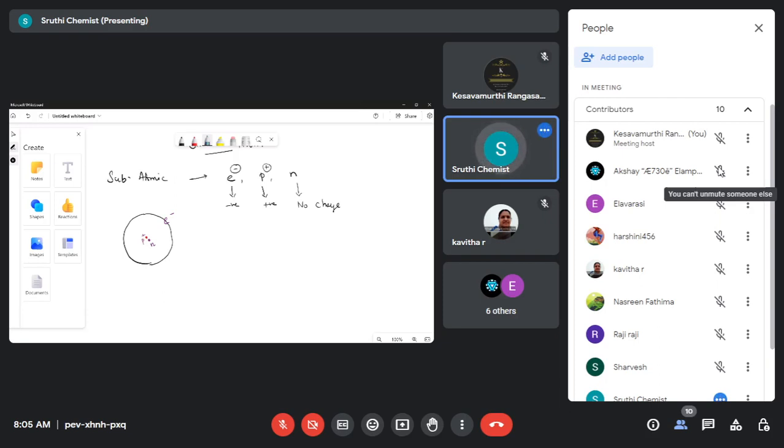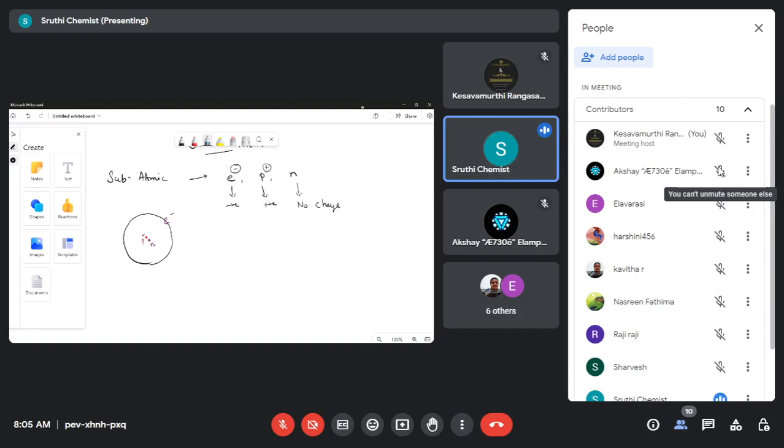We can relate it to the solar system, like how the sun is in the center and the planets are revolving. Similarly, the protons and neutrons are in the center and electrons are revolving. The electrons are considered as the planets. Clear, students? Are there any doubts?